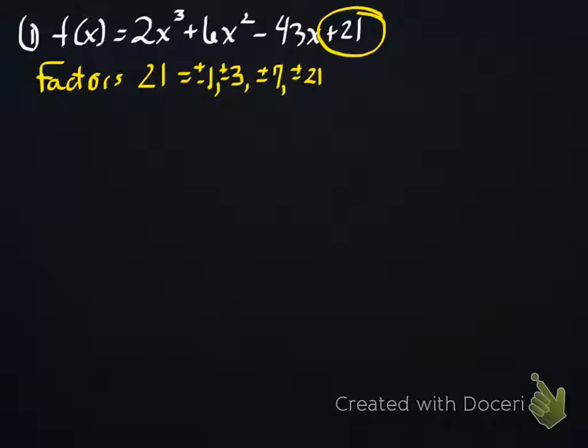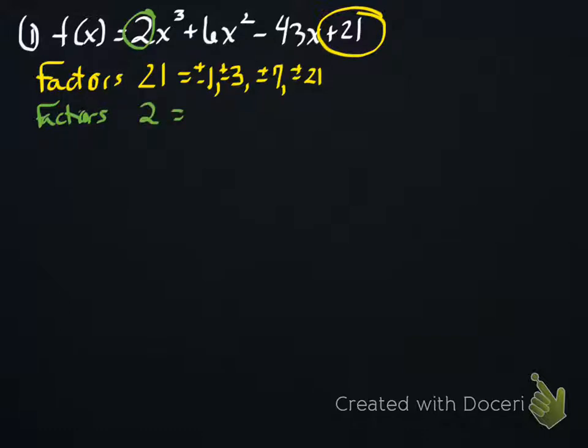You're also going to do the factors of your first term. So the factors of your leading coefficient. So you find the x, the highest power, that's your leading coefficient. So the factors of 2.